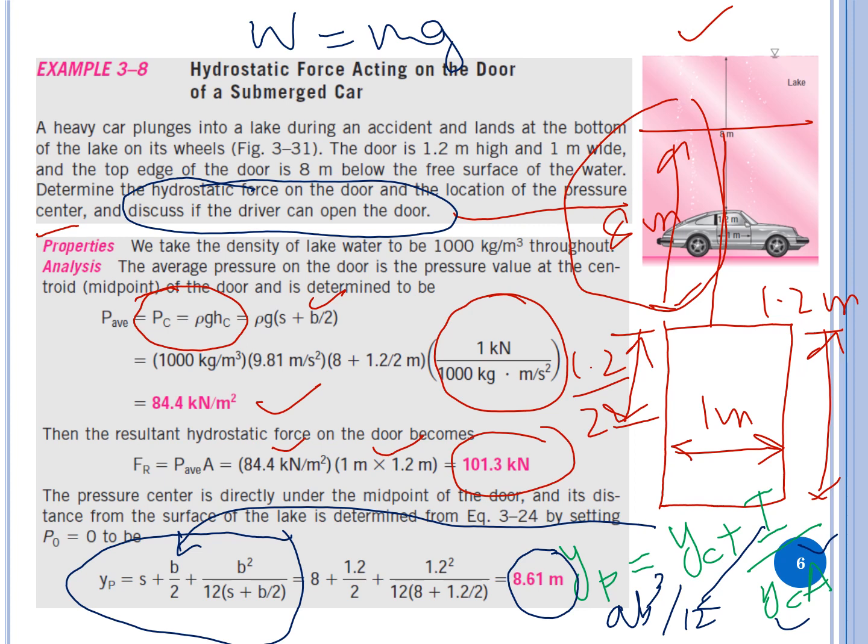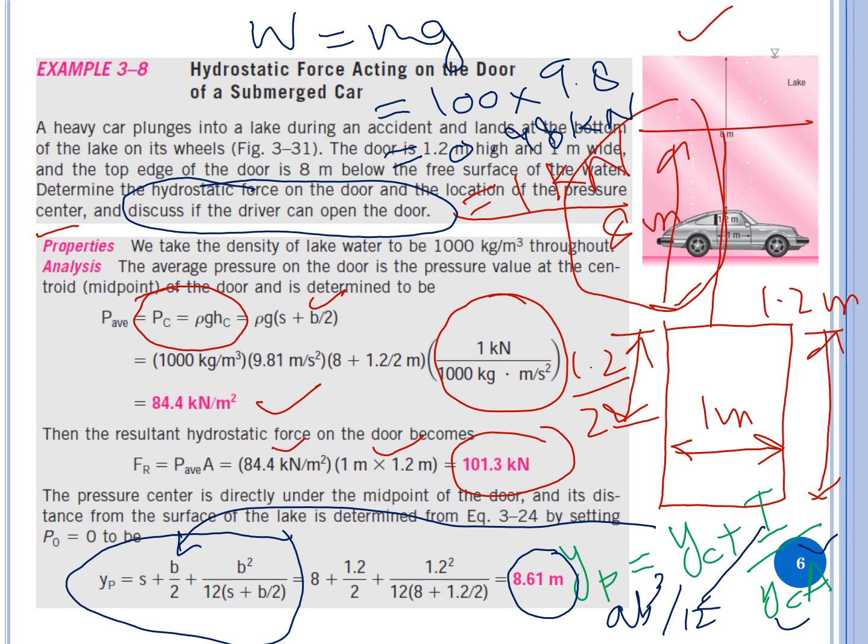If a person weighs 100 kilograms, then g is 9.8, so it becomes basically 0.98 kilonewton, or you can say maybe 1 kilonewton.